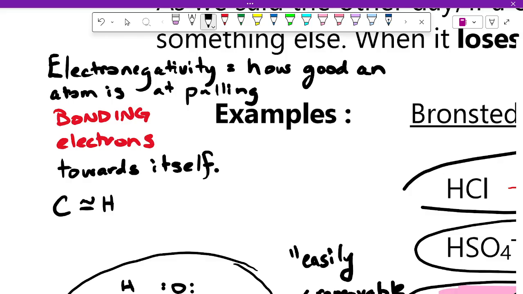Pulling those bonding electrons towards himself. And I'm not nearly as good at it. So what can happen is Owen is pulling, and I'm trying to hold on, wow! And look, at some point I just fell off. Maybe because there was a water and I latched onto the water and became hydronium. Or maybe there was another thing around.